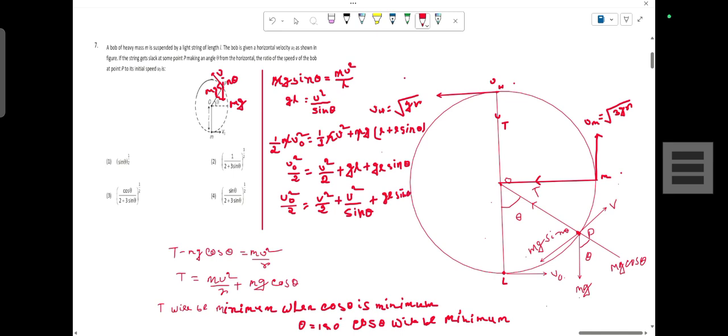Okay, so now from here, I have to drop this portion.